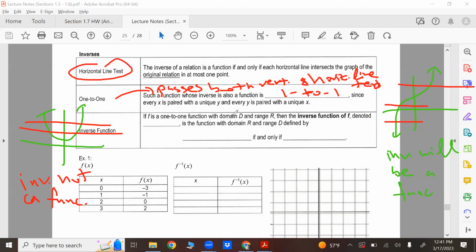If a function is one-to-one with a domain and range, its inverse function is a function with the domain and range switched, just so you know, for inverses.